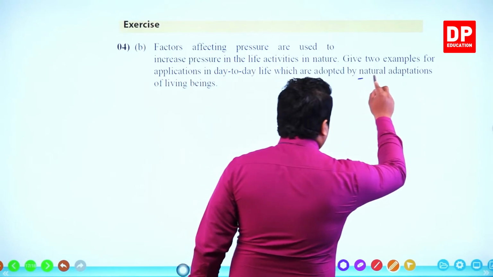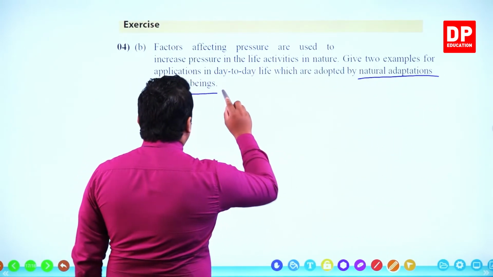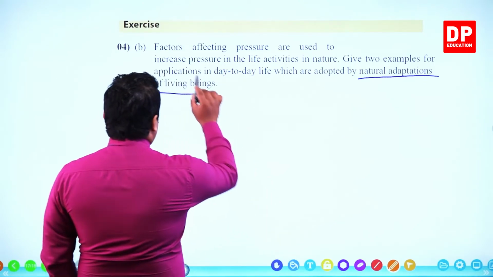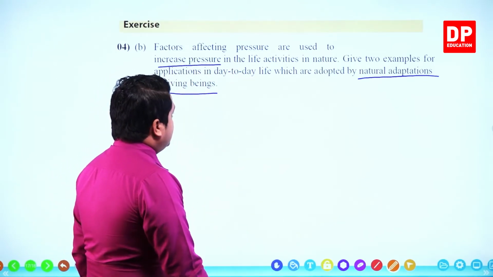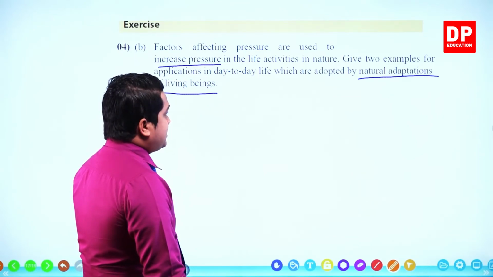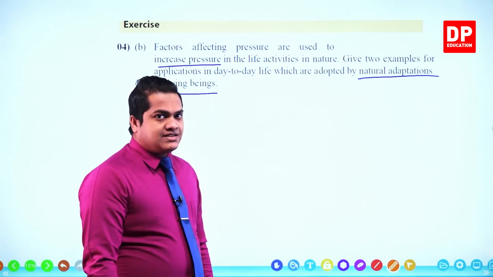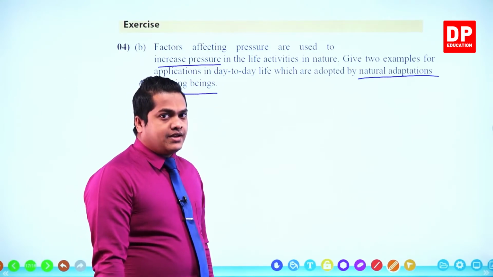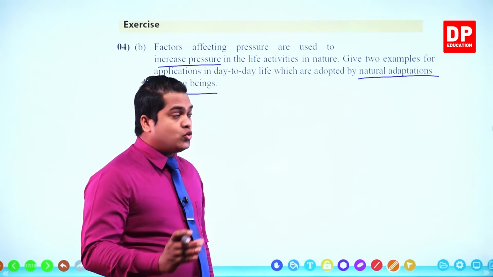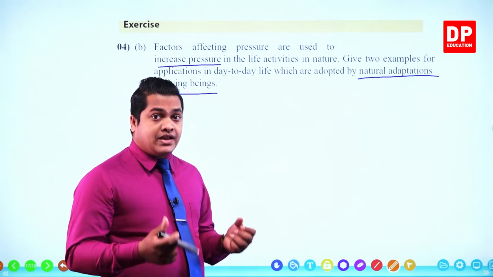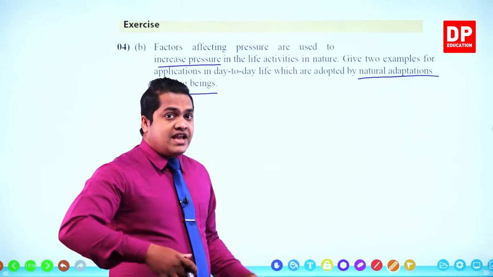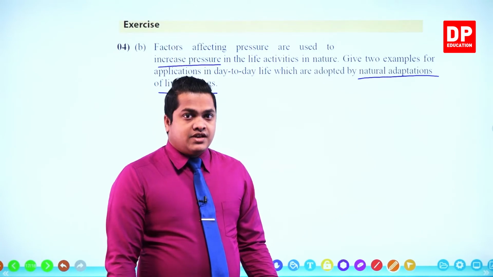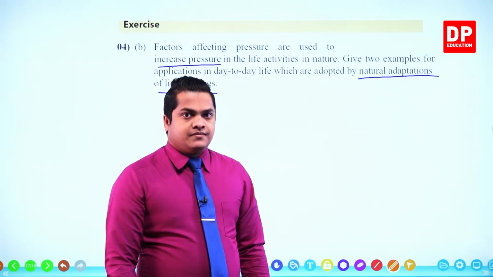So you have to provide two natural adaptations, meaning that naturally you could observe these things.